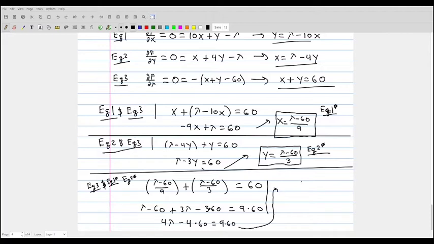Which is the same thing as the equation 4 times lambda minus 60 is equal to 9 times 60. Which is the same thing as lambda minus 60 is equal to 9 times 60 over 4, which is 9 times 15, or 135.